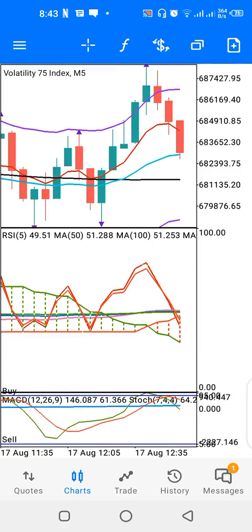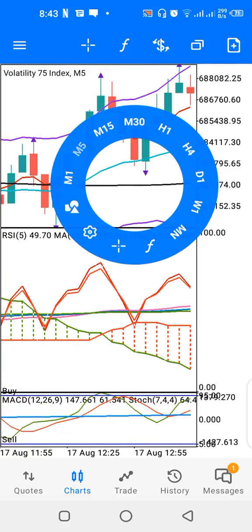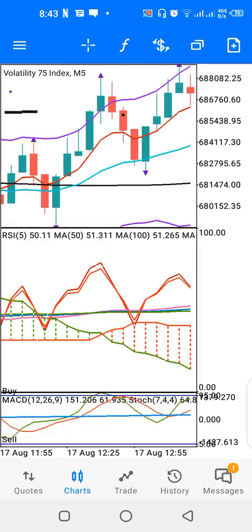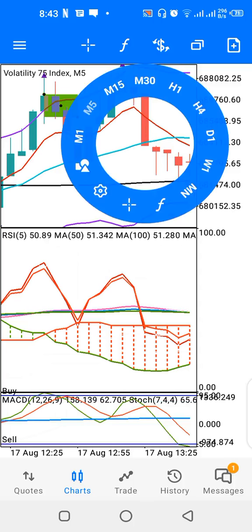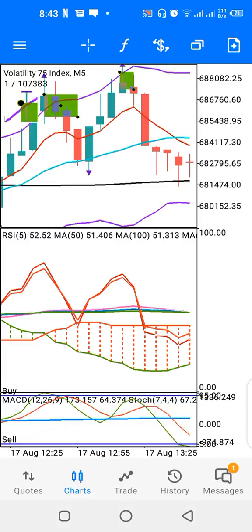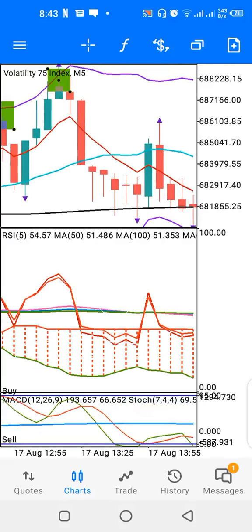Now resistance is at the upper Bollinger Bands. This is your resistance. Expect price to drop when the candle forms a wick across the upper Bollinger Bands, like you can see a candle wick lapping across the upper Bollinger Band.